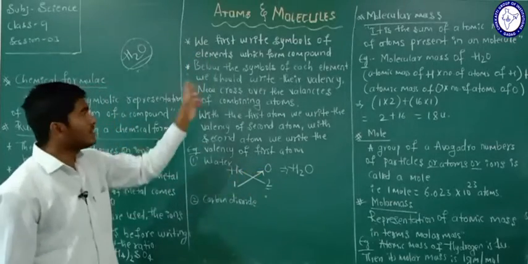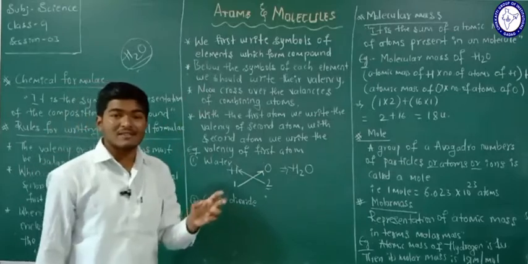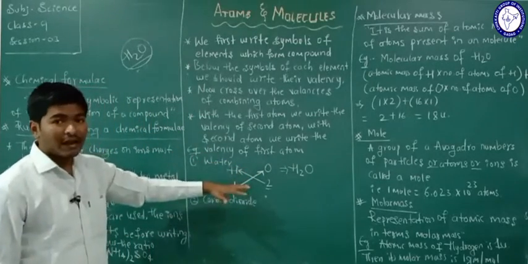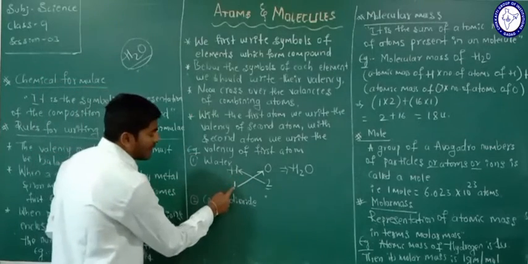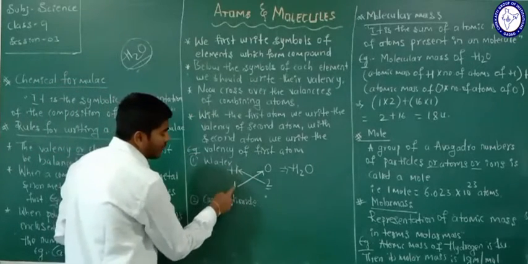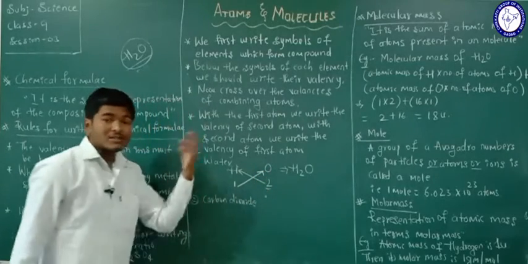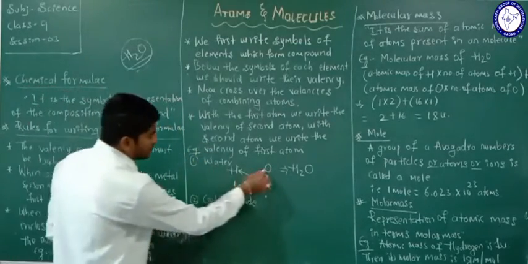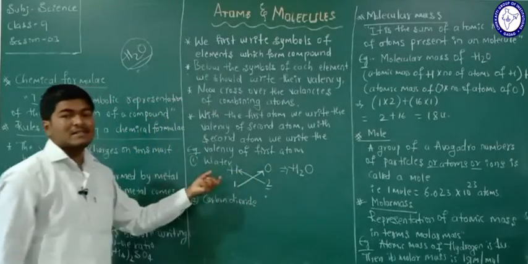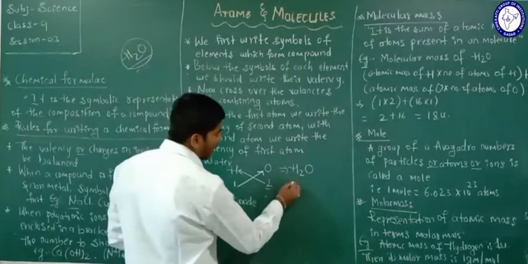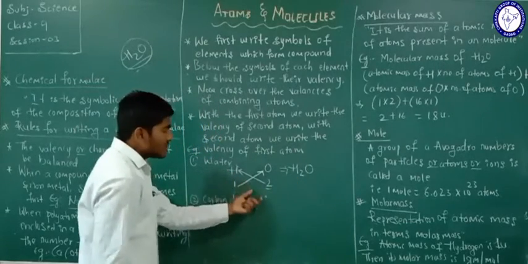Afterwards, second step, we write the valencies of the respective atoms below the symbols. So I write the valency of hydrogen as 1 and the valency of oxygen as 2. And third step, we cross the valencies of the atoms, and afterwards the fourth step, we write the valency of the second atom.